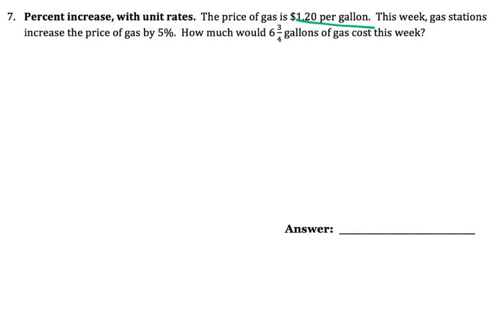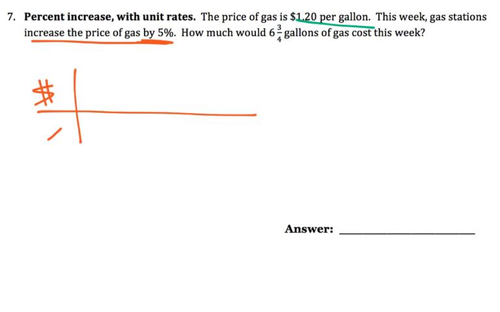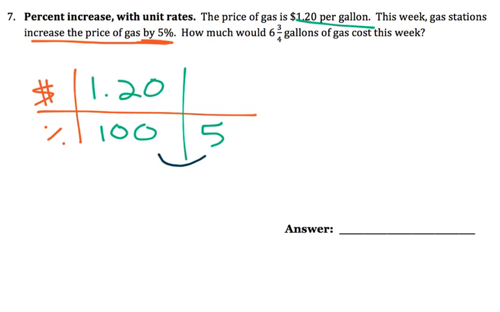Alright, so first, let's figure out what the new price is per gallon when we increase it by 5%. So we have $1.20. That's the original price of gas. And then it's increasing by 5%. So let's figure out what 5% would be.